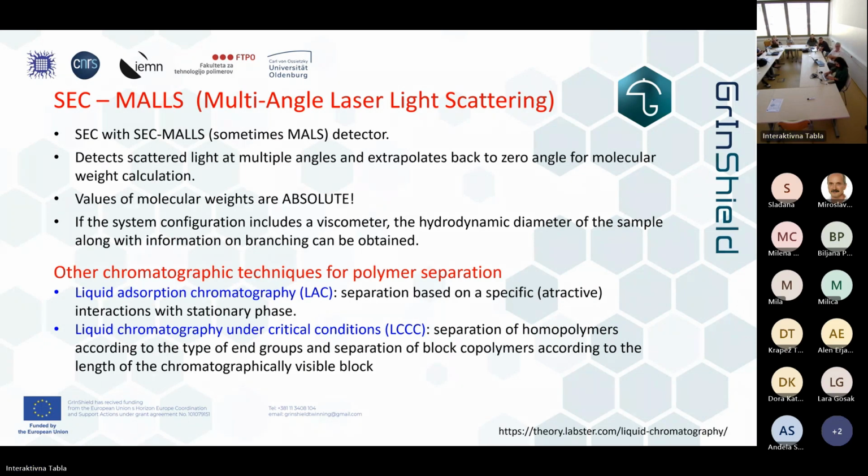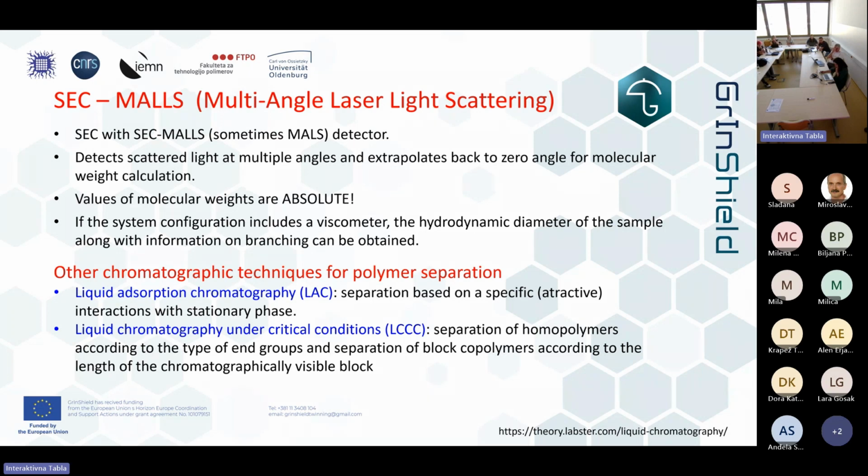Other chromatographic techniques which can be used are liquid adsorption chromatography, which separates mostly based on attractive interaction with the stationary phase. So it's not based on the molecular weight or the length of the molecule, but on interactions with the stationary phase.